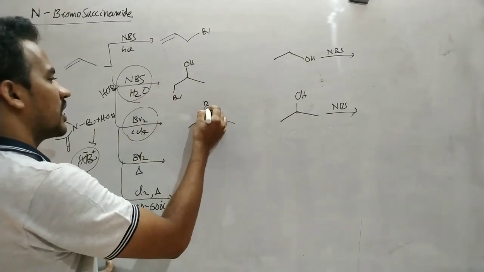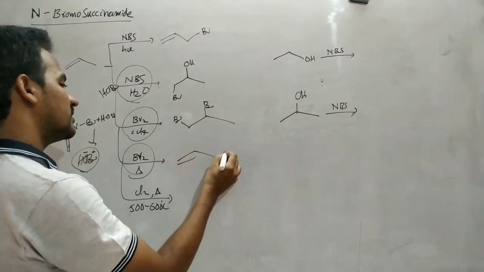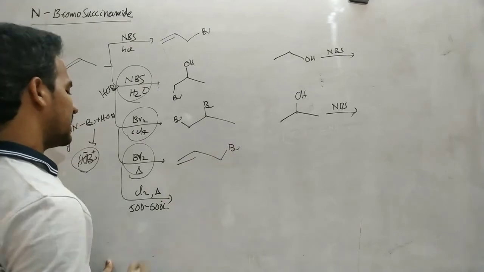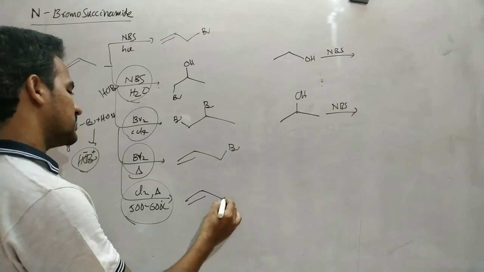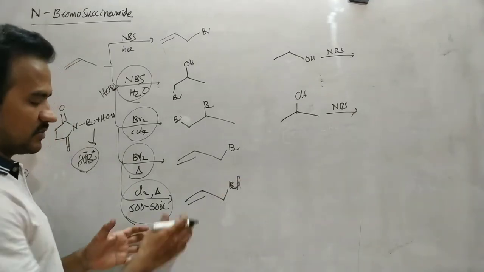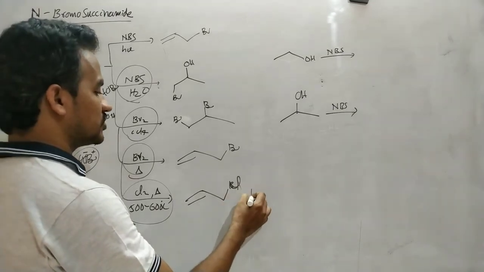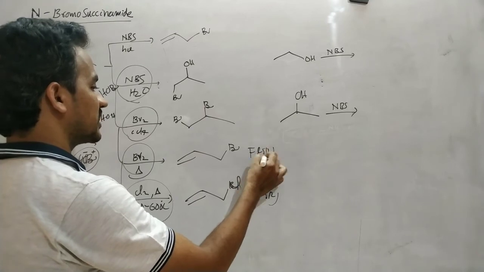Br2 in CCl4, that is an electrophilic addition reaction. Now Br2 with heating, again allylic substitution, free radical substitution. Cl2 at 500-600 degrees centigrade is also allylic substitution, which is nothing but a free radical substitution reaction. That one is an electrophilic addition reaction, this one is also an electrophilic addition reaction, and this one is a free radical substitution reaction.